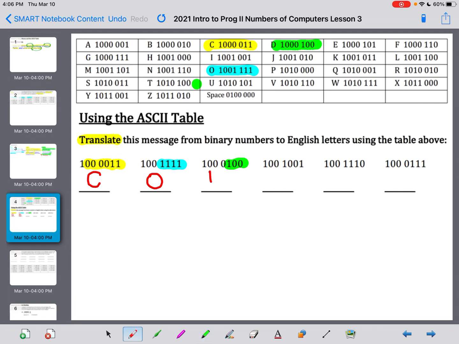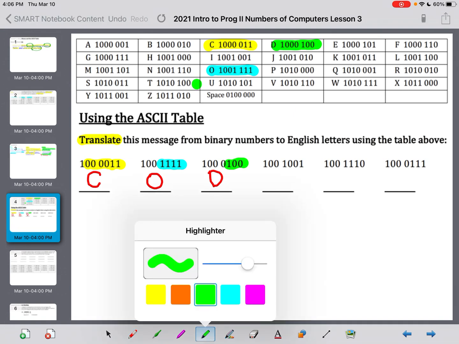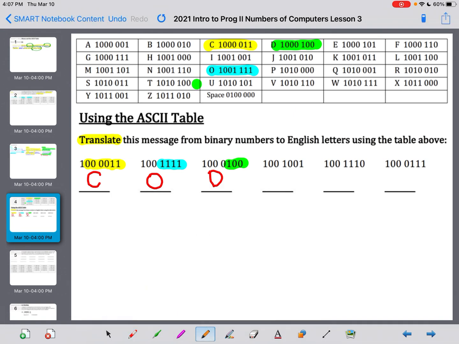So that's going to be capital D. Kind of continuing here. I've got a 1, 0, 0, 1, 0, 0. So I'm going to go a little hunting here. Oh, here we go. Found it. That's capital I.